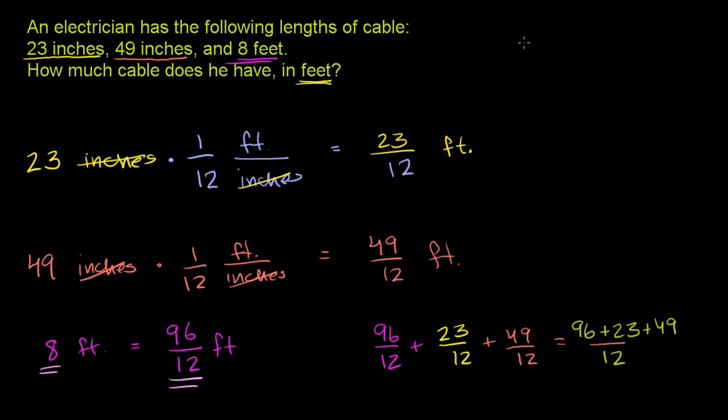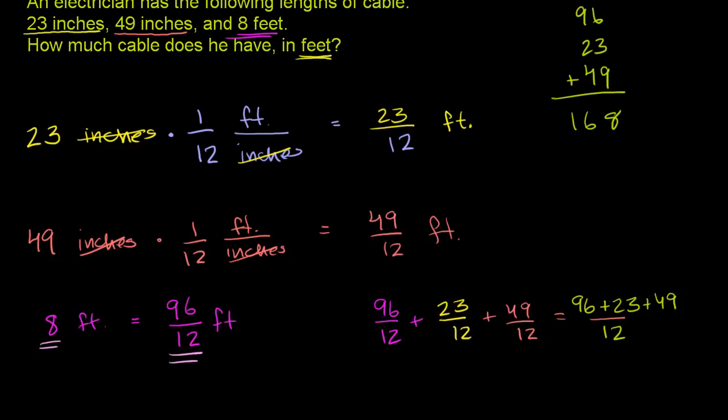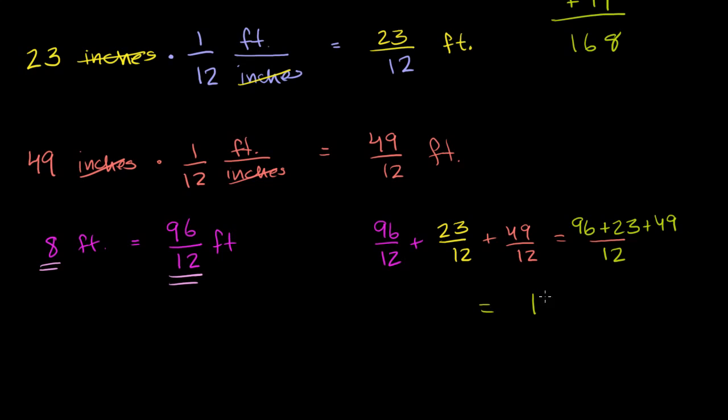Let's add that up over here. 6 plus 3 is 9. 9 plus 9 is 18. 1 plus 9 is 10. 10 plus 2 is 12. 12 plus 4 is 16. So that's 168. So this expression is equal to 168 over 12, which is a valid answer. Now, all of these are in feet, so it's 168 over 12 feet.